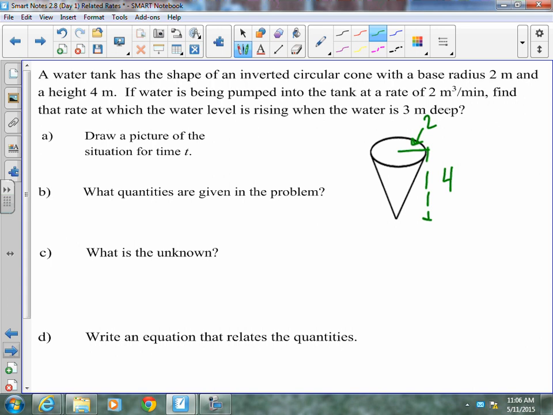So, what quantities are given for the problem? It says if water is being pumped into the tank at a rate of 2 meters cubed per minute, find the rate at which the water level is rising when the water is 3 meters deep. So, dV/dt would be our 2 meters cubed per minute.